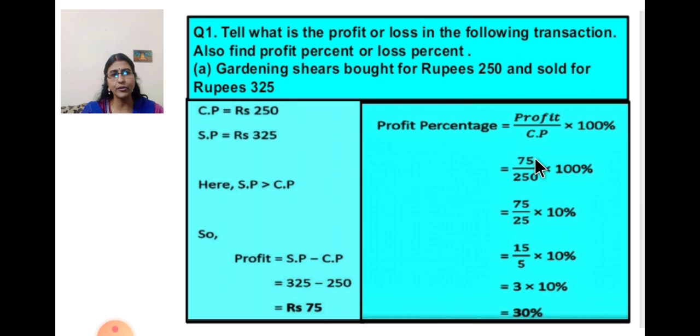Then we will reduce these two values. This 0 we can cut, and then this 2 you will reduce. You will get 15 upon 5 into 10%. Then you will reduce this, you will get 3 into 10%, and at the end you will get 30%. So profit percent is 30%.